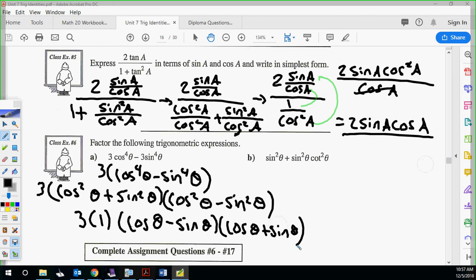That's your answer. 3 cosine theta minus sine theta, cosine theta plus sine theta. You don't have to have the 1 there. I just put the 1 there so you guys can see that it went away, but it's just a 3.